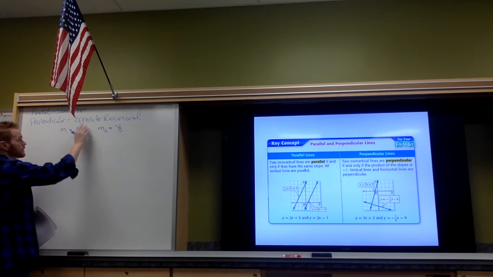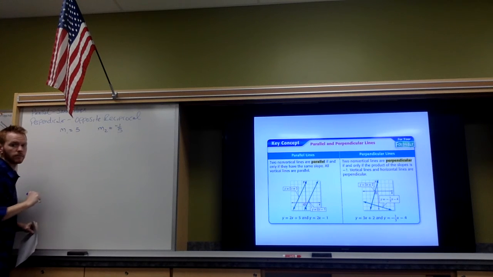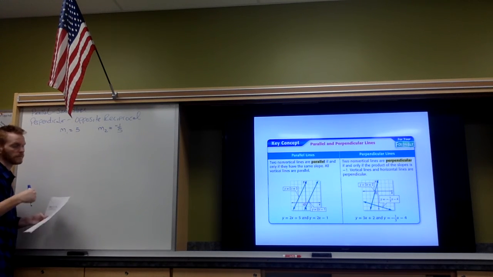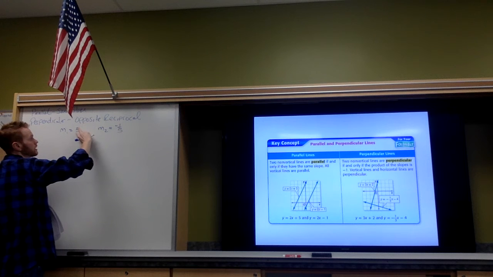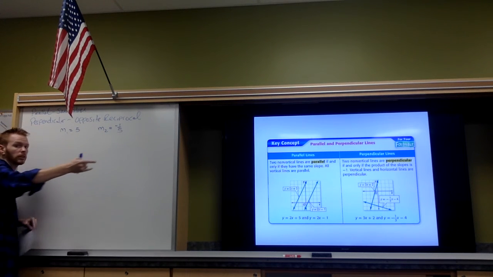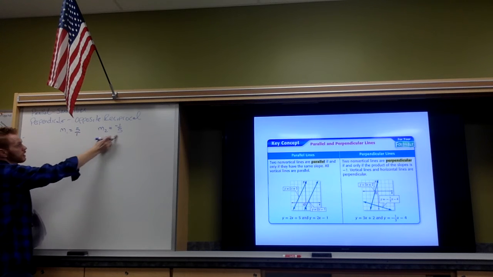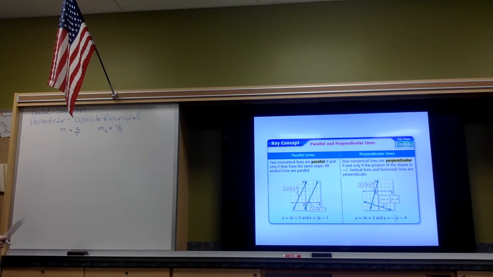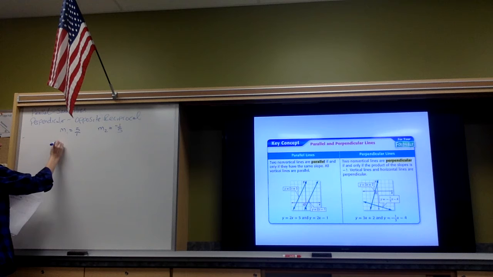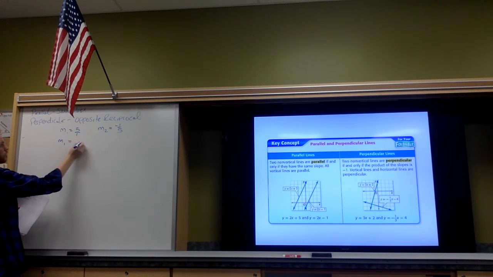Okay? Opposite means change the sign. If it's positive, make it negative, vice versa. Reciprocal means you're taking the number and you're literally going to flip it. Okay? So 5/1 becomes 1/5. I could reverse it, right? Let's do this instead. The slope of my first line is -2/3.